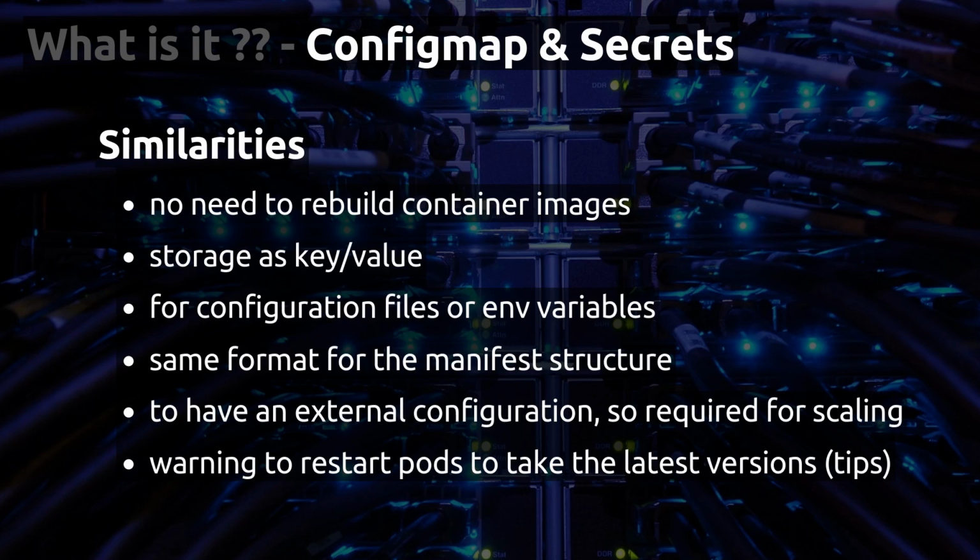Some similarities, of course: like I said, ConfigMap and Secret are a kind of volume. You can mount them inside your pod, and the schema and the structure of ConfigMap and Secret is exactly, or close to exactly, the same. Of course, like I said, you can store data inside them with key values, and the key can be just a file name or a simple key.